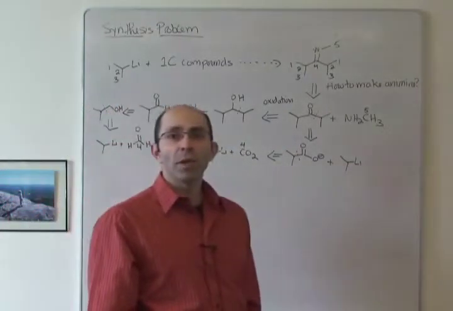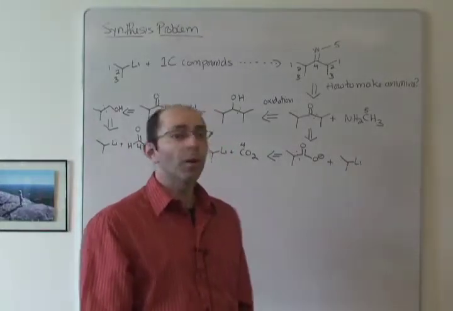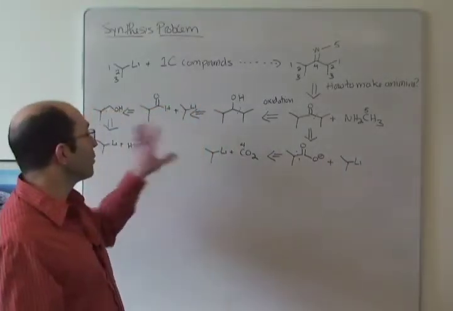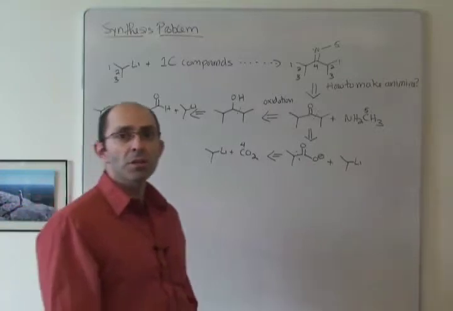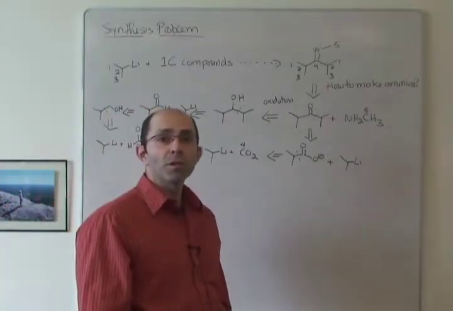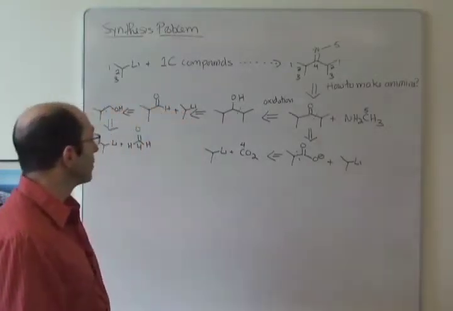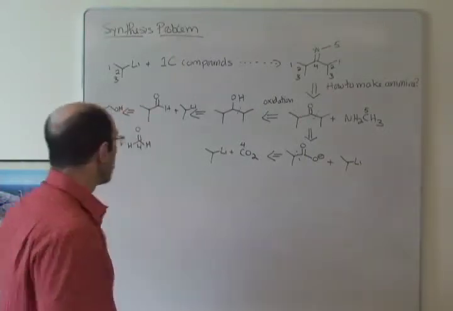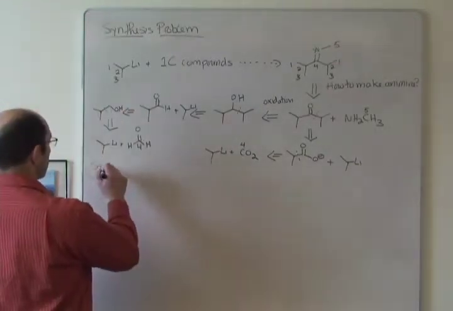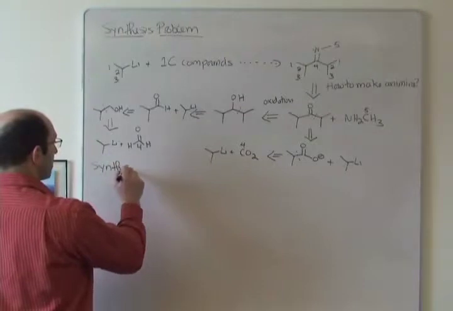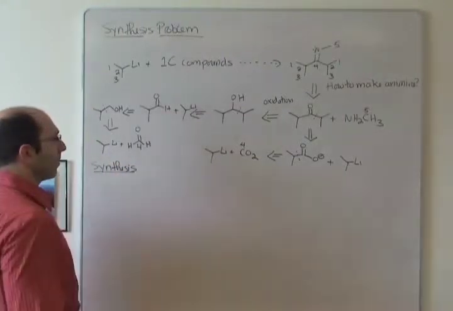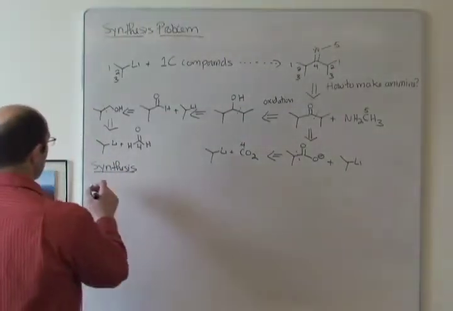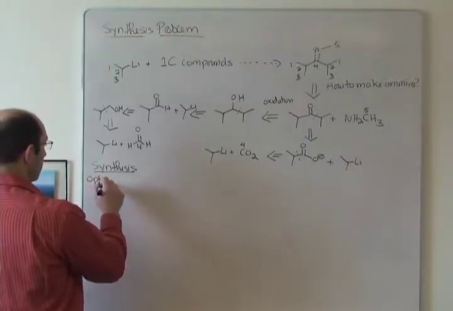So we have our 1-carbon pieces. Okay, so anyway, I think those are two really nice disconnections. I'll go through the forward synthesis of those just so you can see how they look. All right, so we'll have two options.